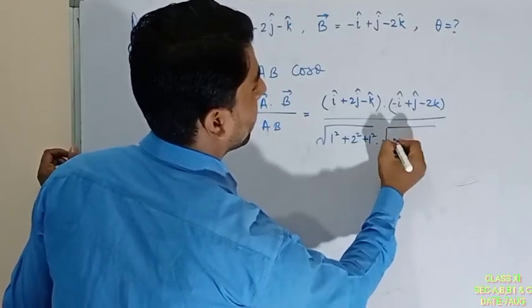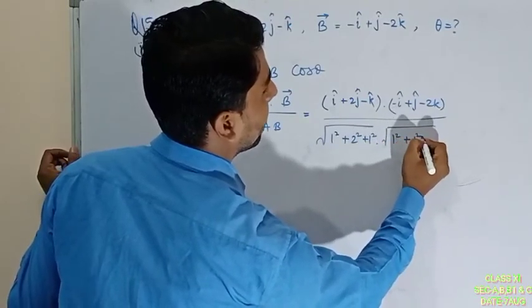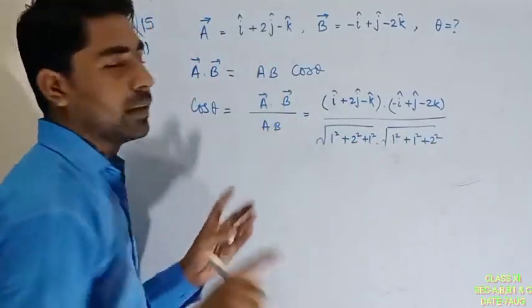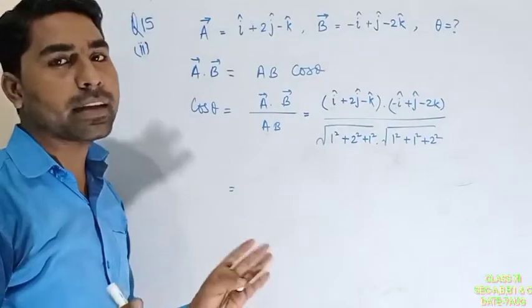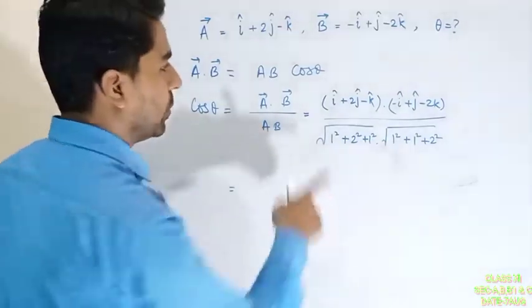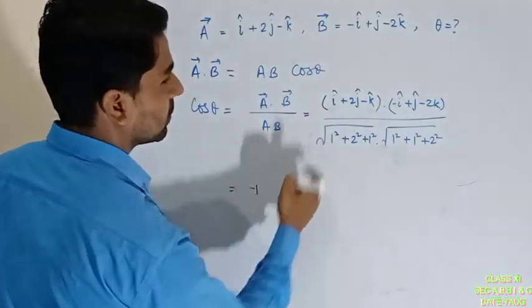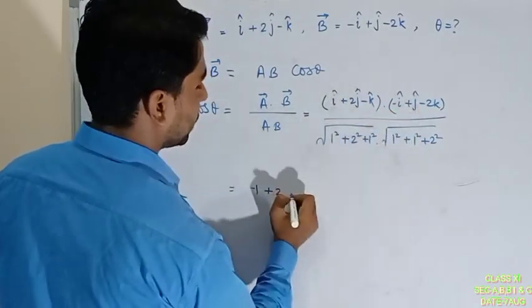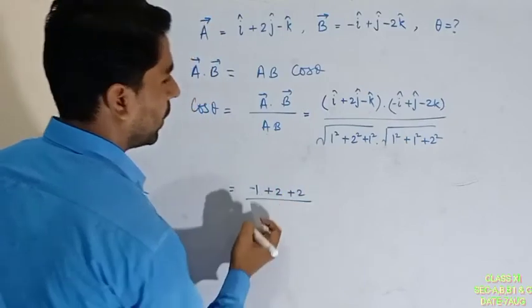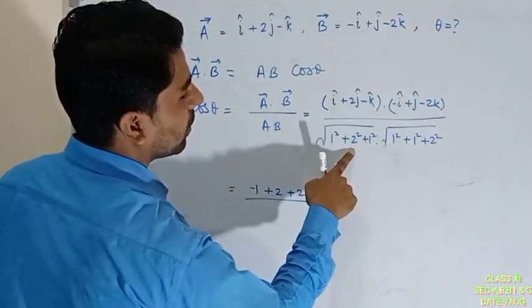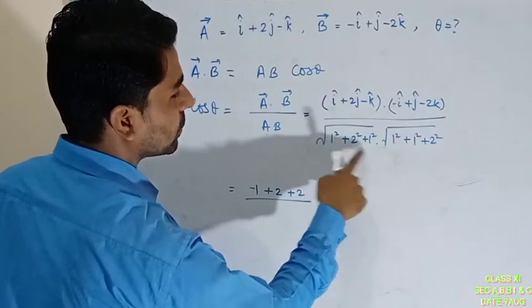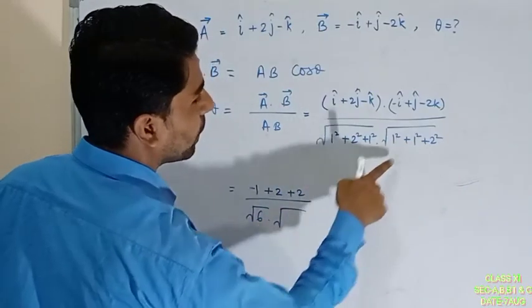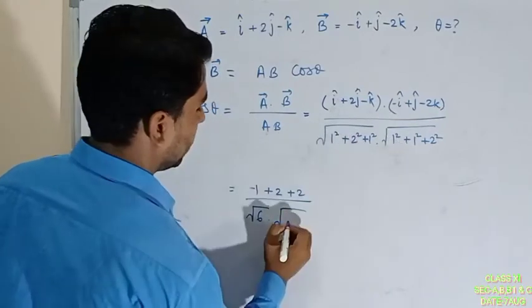Same way for B. On solving, you know that the product of i and i, j and j, k and k will give you the value, and the rest of them will be 0. So minus 1, 2 plus 1 plus 2, minus 1 minus 2 minus 2, so plus 2 upon 1 plus 4 plus 1, 4 plus 2, 6, root 6, into 4 plus 2 again, root 6.